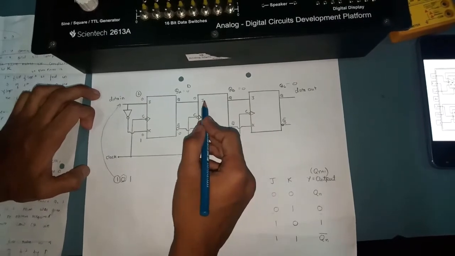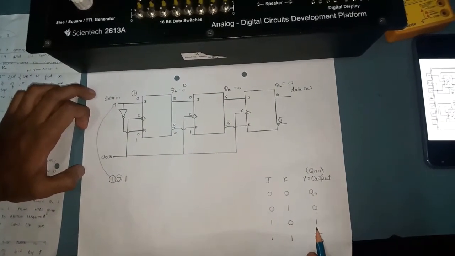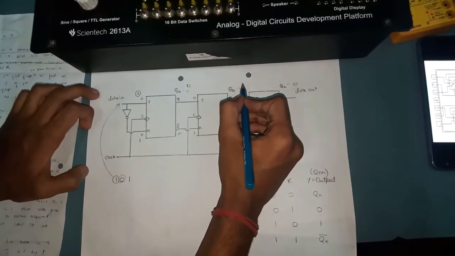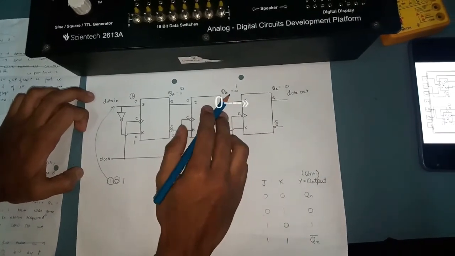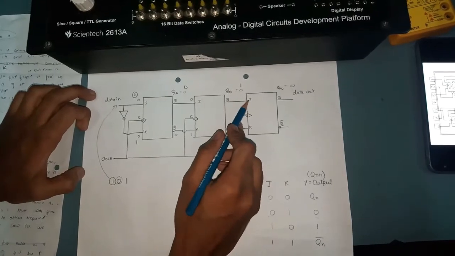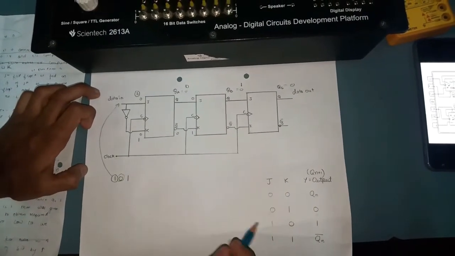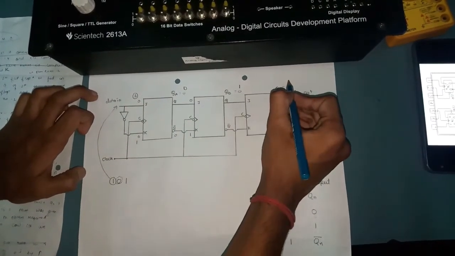So J equals 1, K equals 0 will give you the output of 1. So 1 will be passed from here to here, and QB will turn out to be 1. The previous QB equals 0 will be the input for J, so J equals 0, K equals 1 will turn out to be 0. So QC will be 0.